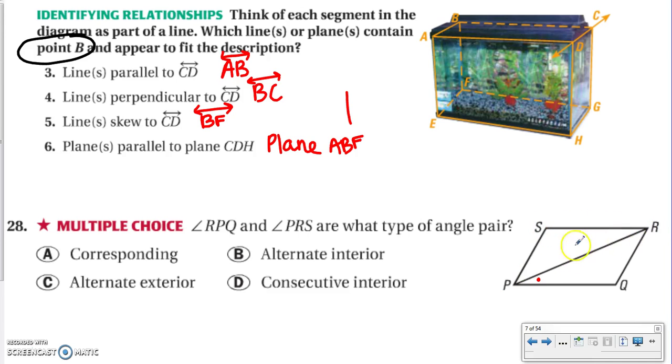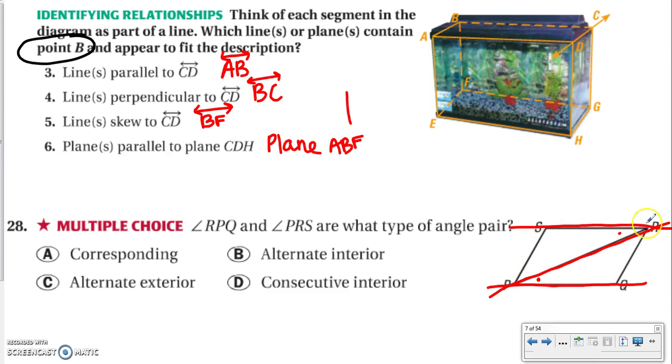So if you follow the letters PRS, it's at the vertex, that's that angle there. So then I'm going to extend the lines that are touching these two angles. And then there's this line right here. So really I'm ignoring these black lines here.